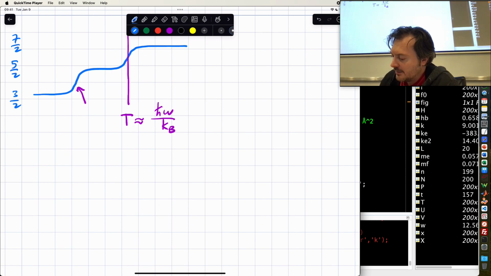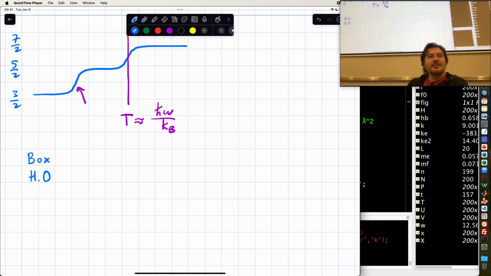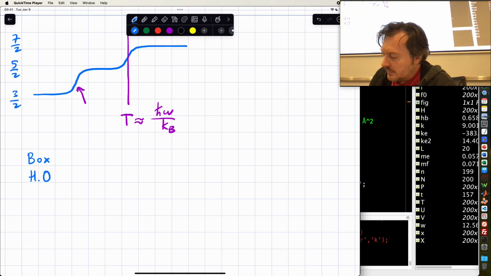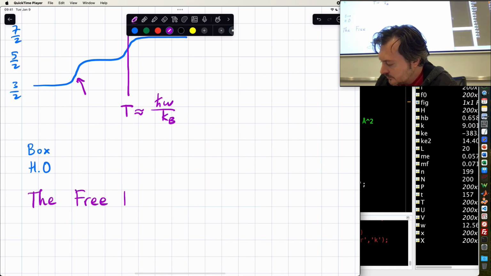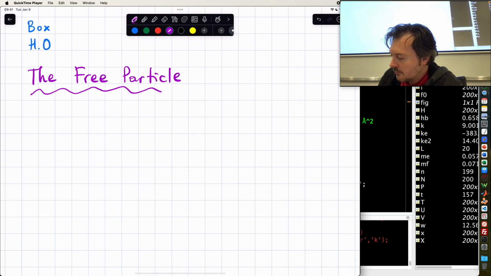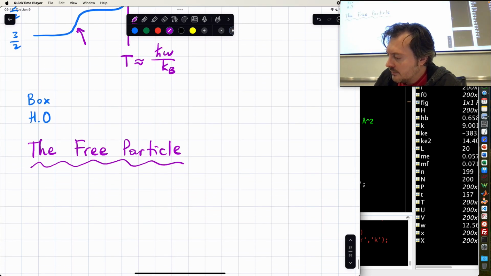Let's remember how many systems we have solved so far. Box and harmonic oscillator. Is there anything else that we have solved? Do you remember? No, right? So let's talk about the free particle. What is similar between this box and harmonic oscillator?